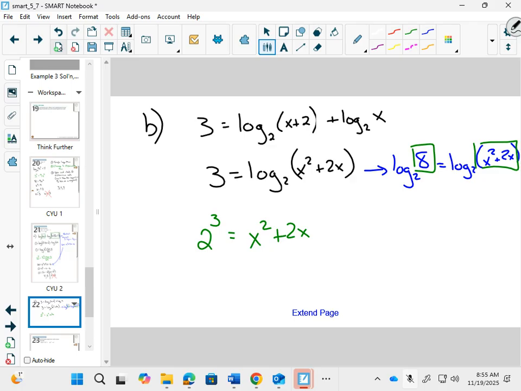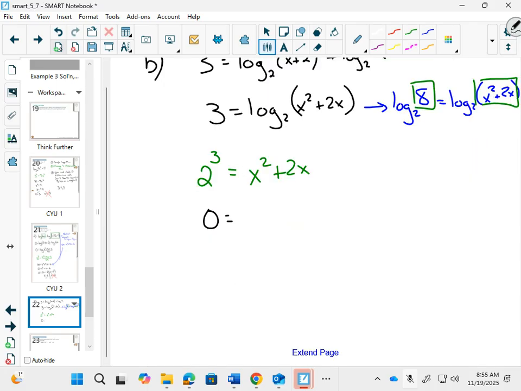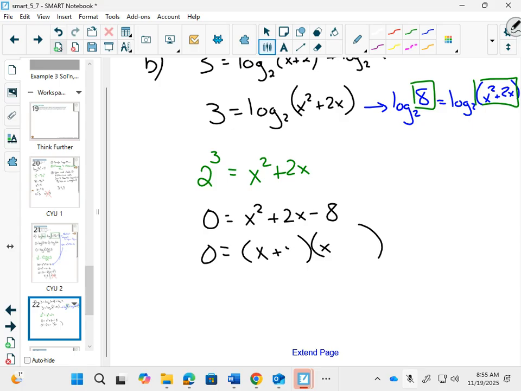So anyways, we have a quadratic equation. I make one side equal to 0. I'll move that 8 over. Check if I can factor the quadratic. This one factors nicely.